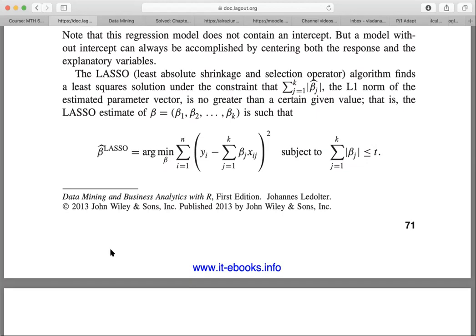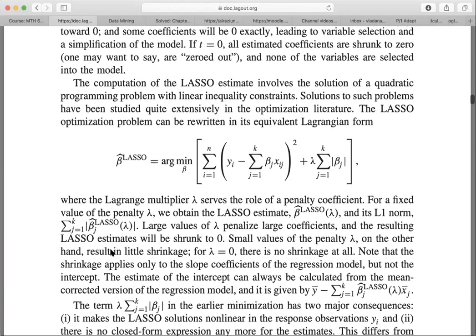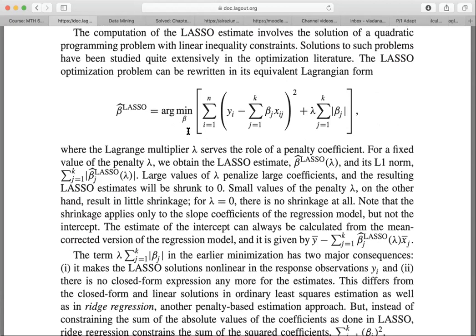The lasso optimization problem is beta hat lasso equals the arg min of beta of the summation from i equals 1 through n of y i minus the summation of j equals 1 through k of beta j x ij, squared, plus lambda times the summation of j equals 1 through k of the absolute value of beta j.